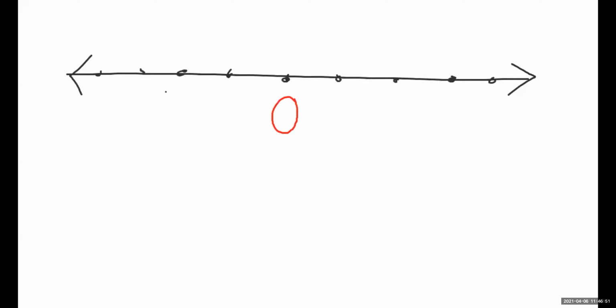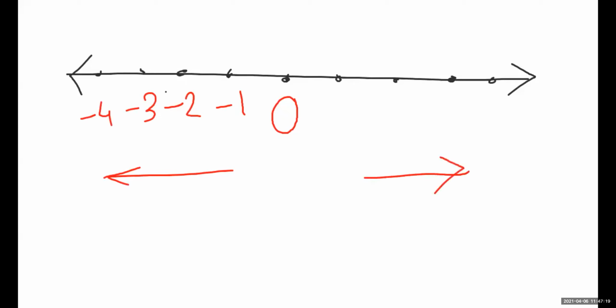Yes, we mention the 0 in the middle. Then on a left side, which numbers are there? On the left side, which numbers are there? Very good, negative. So negative number 0, then -1, -2, -3, and -4, and so on. Okay. Yes. And on the right side, it's a positive number. So after 0, 1, 2, 3, and 4. Okay.